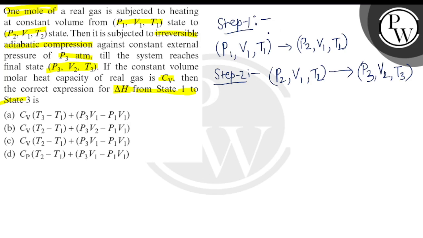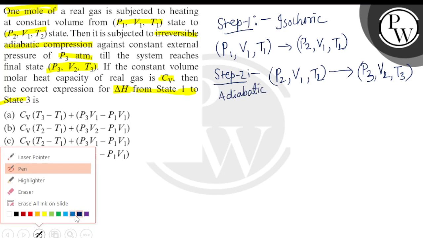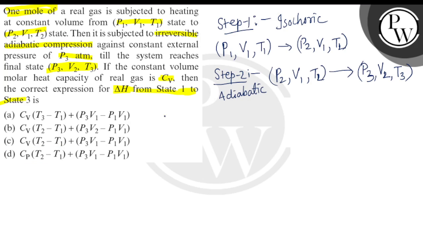In the first step we can see that this is an isochoric process, and the second step is adiabatic compression. Accordingly, we have to find delta H. For the first step we have to calculate delta U1, that is the change in internal energy.